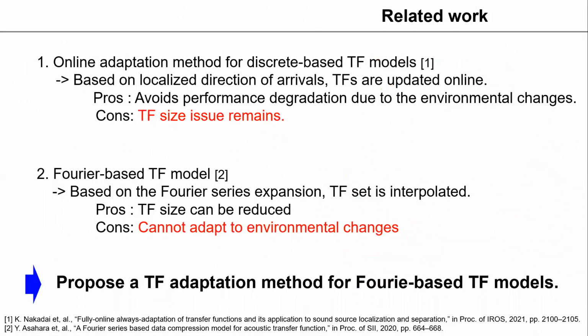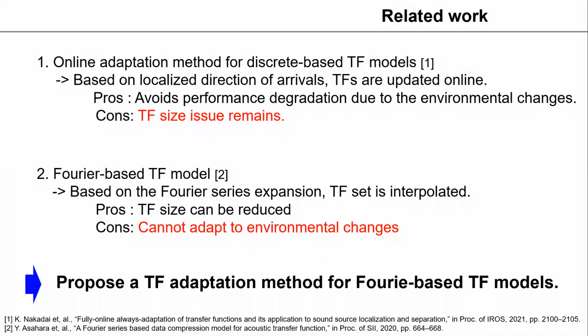So, various methods have been proposed to solve these two problems. The first is an online adaptation method. This method can prevent performance degradation by updating the TF set in an online manner. However, the TF set size issue remains. The second is an interpolation method.